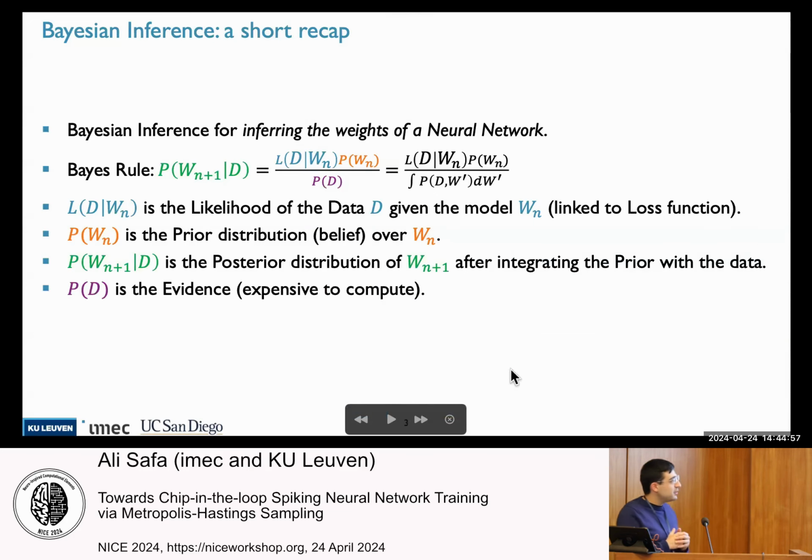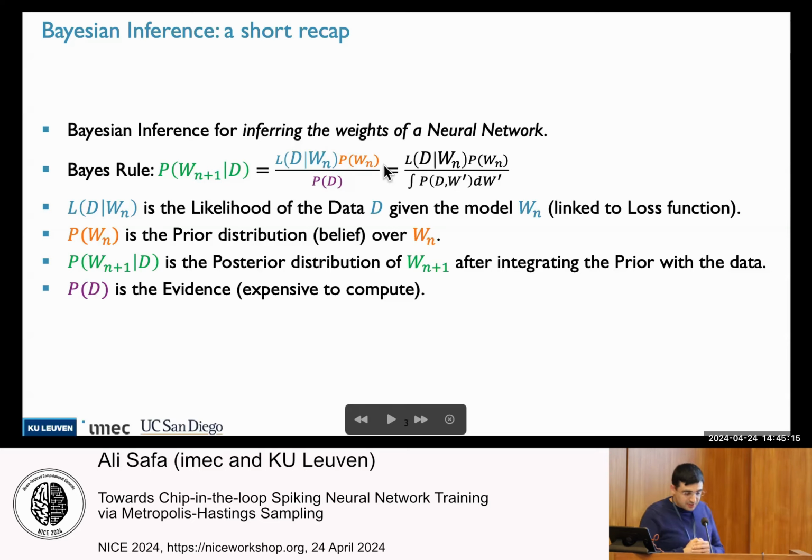So before getting into our methods, I wanted to give a short recap on how we can leverage the Bayes rule in order to train neural networks. So basically, we can do it as follows. Here you can see on the slide the well-known Bayes rule that we all know from our studies.